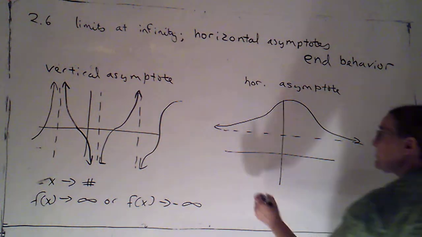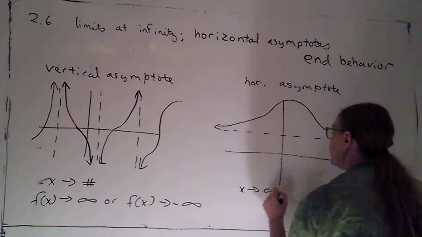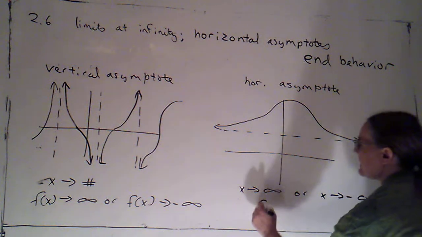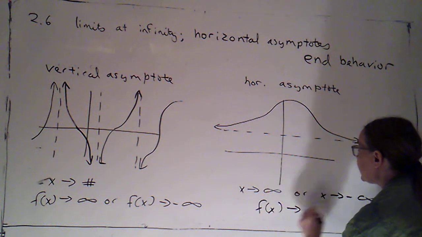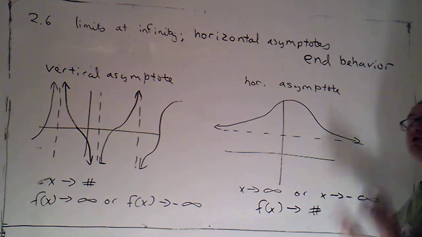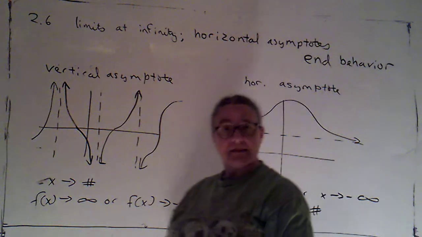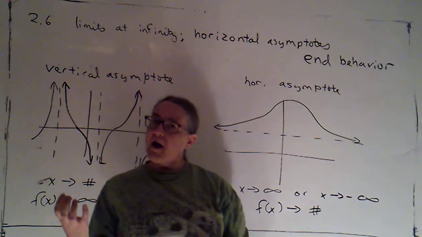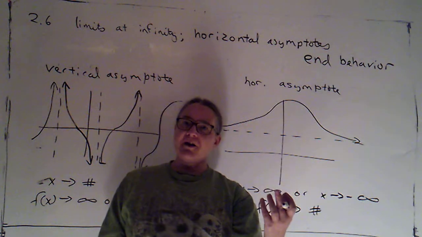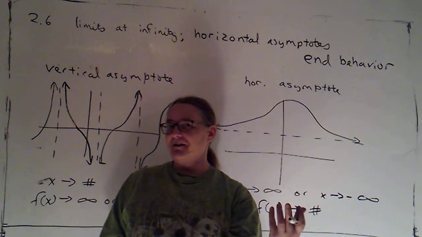In this case, we would have x going to infinity, or x going to negative infinity, and f of x going to a finite number. So I'm going to have an asymptote of some sort if one variable is approaching a number and the other variable is approaching plus or minus infinity.